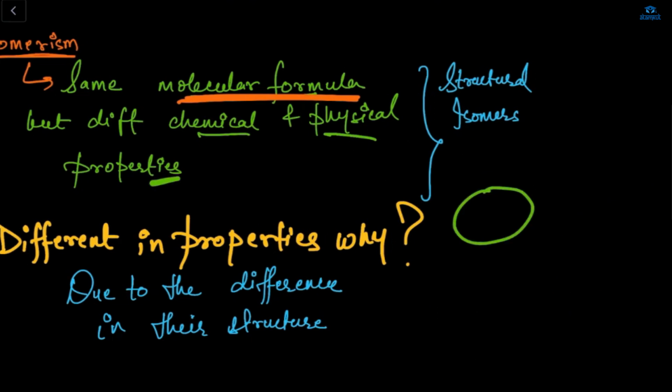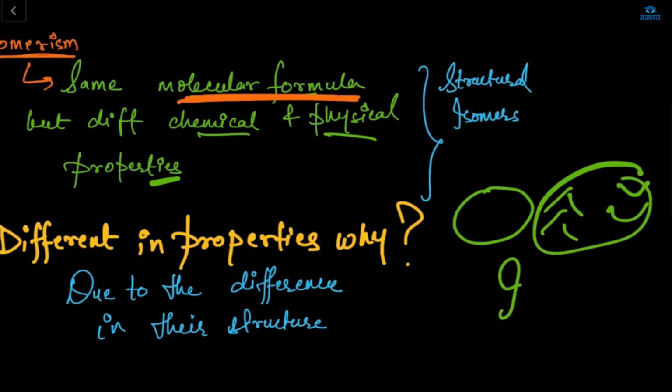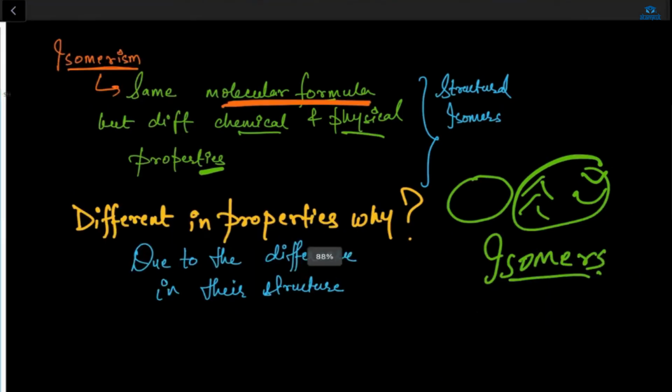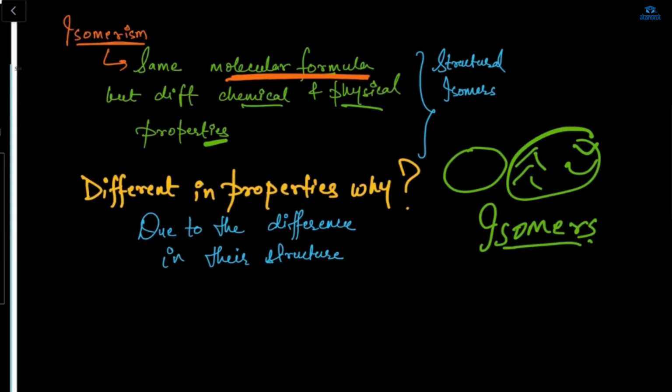Same molecular formula but different structures, so these are known as structural isomers. They are different in properties because of the difference in their structure.